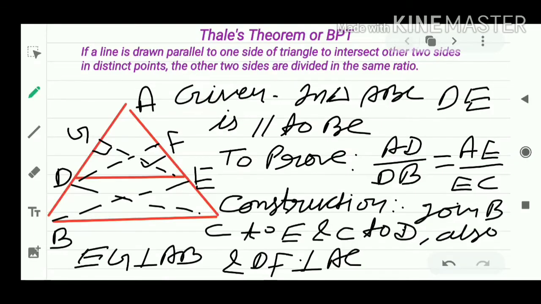See here, in triangle ADE, base is AD and height is EG. Similarly, for triangle BDE, base is BD and height is also EG because it is on the extended part of BD.